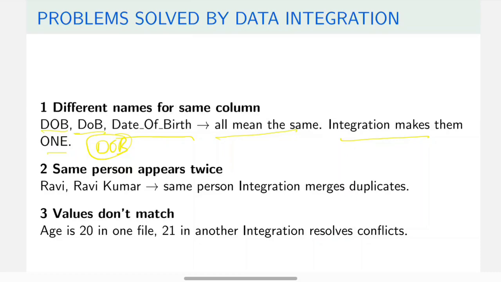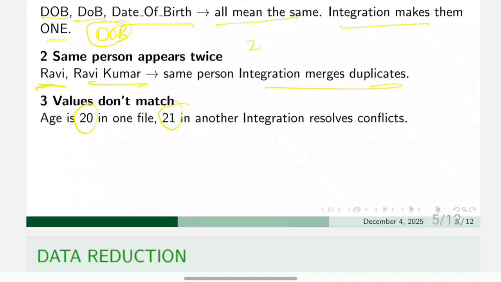For example, in one file Ravi's age is 20, and in another file Ravi's age appears as 21. We will validate and choose the most correct one. And another thing: some students appear twice with slightly different names, for example Ravi and Ravi Kumar, the same person with two different names. So we will merge them. That is about data integration.